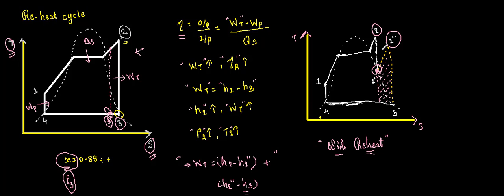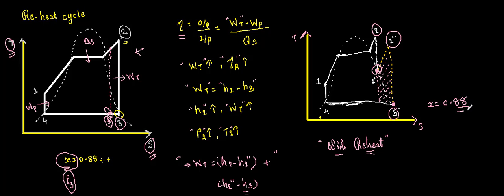And at point number 2 double dash, the new temperature, or new superheated steam, is obtained at the end of the process. This new superheated steam is inserted into the turbine again, which gives us point number 3 with a dryness fraction of more than 0.88.